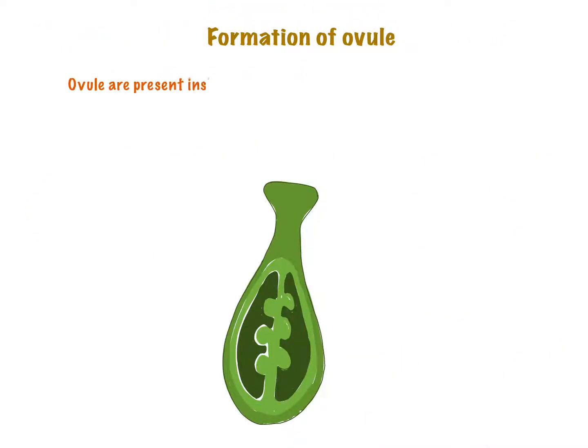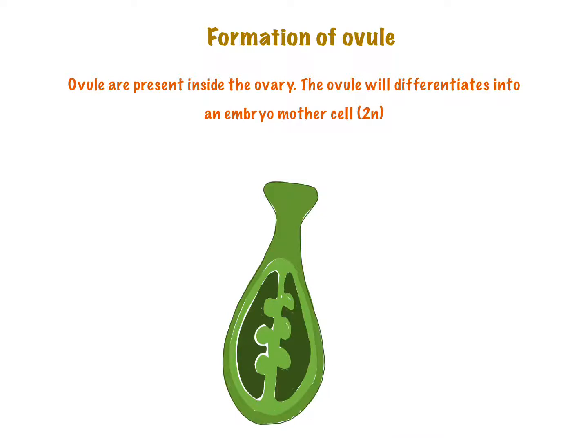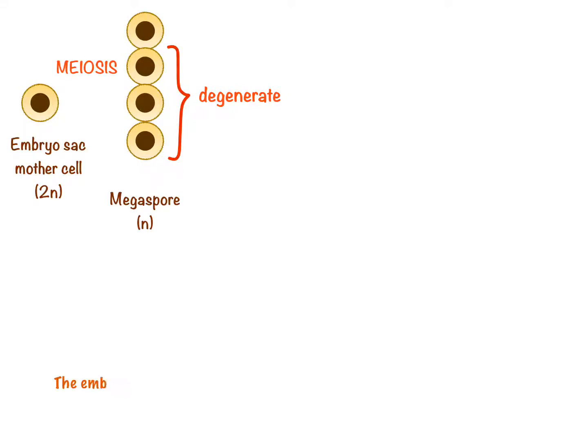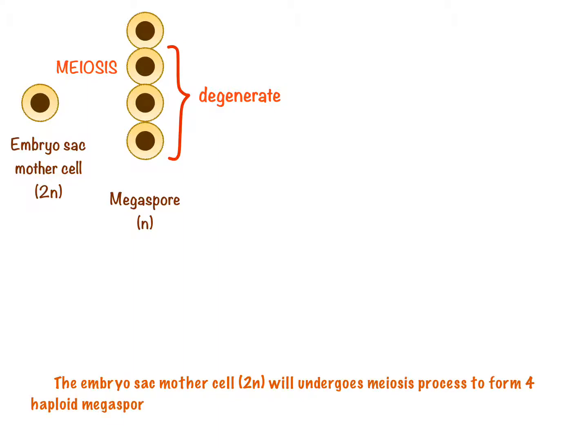Ovules are present inside the ovary. The ovule will differentiate into an embryo sac mother cell 2N. The embryo sac mother cell 2N will undergo meiosis process to form 4 haploid megaspore.